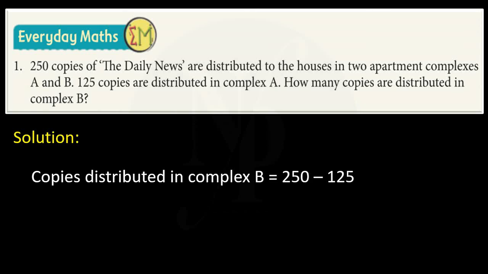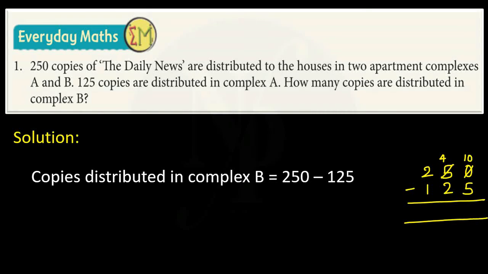Let us subtract here now. 250 minus 125. Subtracting 5 from 0 is not possible. Regrouping is needed. Make these 5 tens as 4 tens and bring 1 ten to the ones place. This becomes 10 ones.